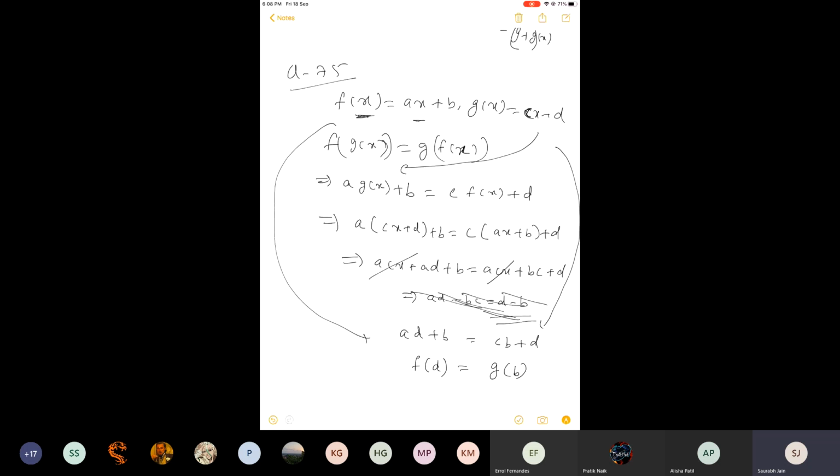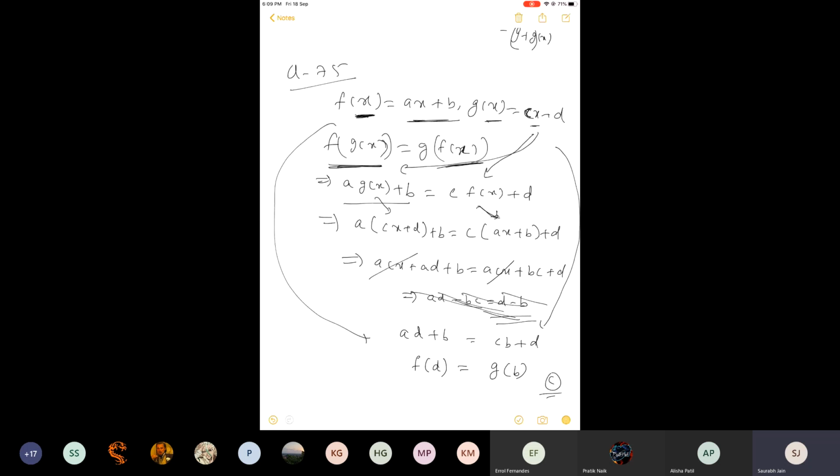So is it so? Option C. Okay, got it. See, they have given these two functions fx and gx, and also they have given that f of gx is gfx. You find these. What is the meaning of fgx? You put gx in place of x, it will become a gx plus b. What is gfx? Put fx here, it will become c fx plus d. Now what to do? Again put their values. gx is cx plus d and fx is ax plus b.